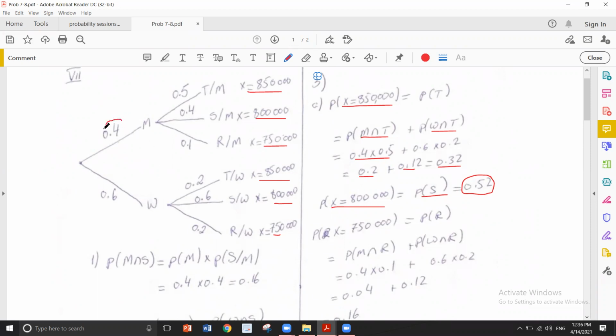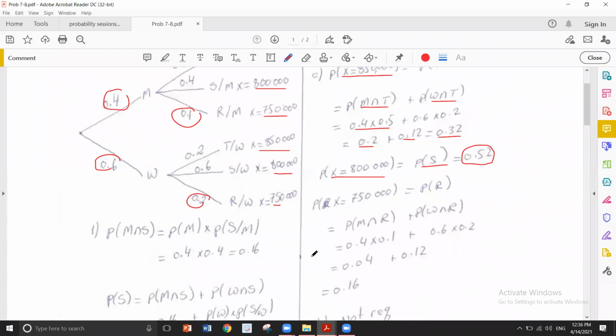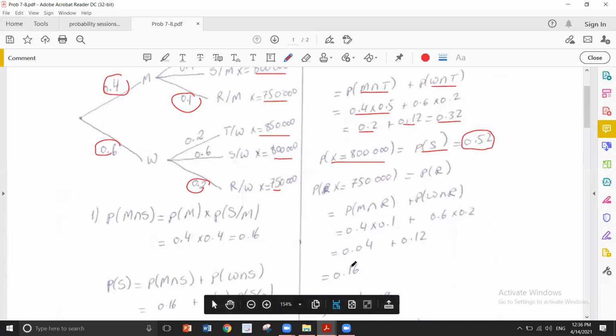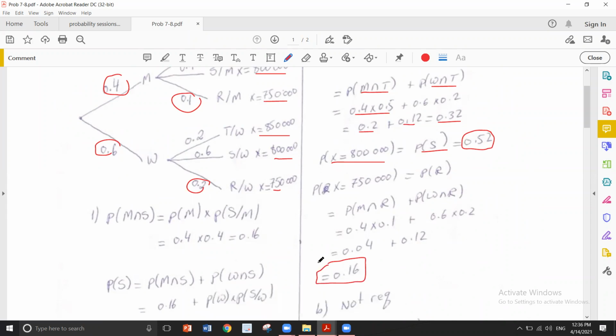That is 0.4 times 0.1 plus 0.6 times 0.2, so 0.04 plus 0.12, we get 0.16.